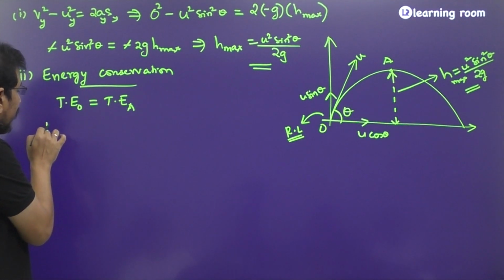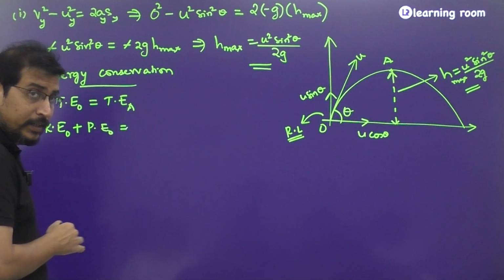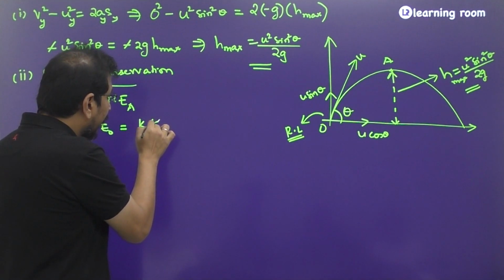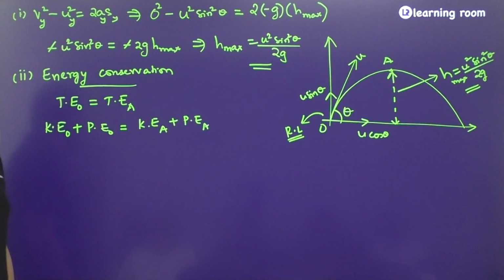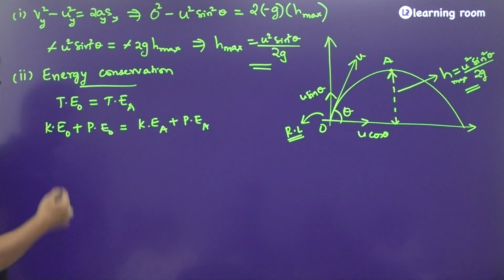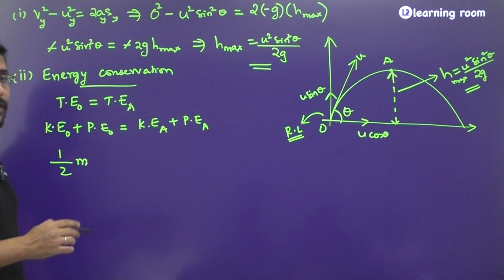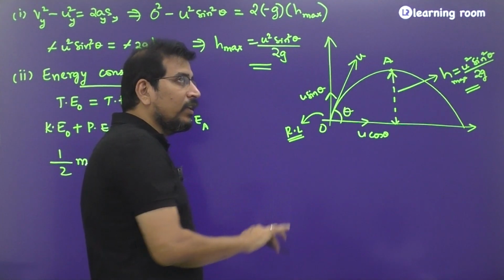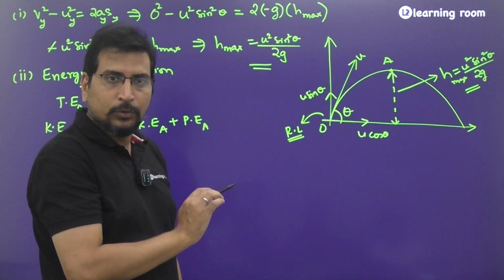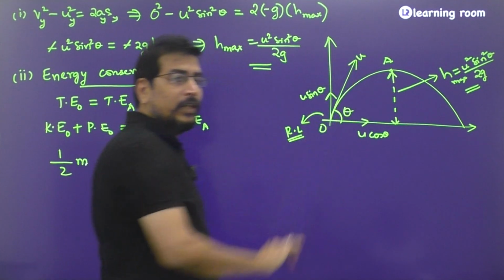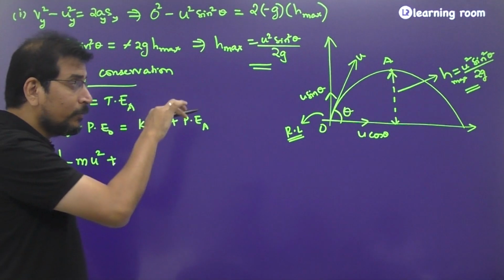The total energy at O is the kinetic energy at O plus the potential energy at O, which equals the kinetic energy at A plus the potential energy at A. The kinetic energy at O is not half m u sin theta square or half m u cos theta square, since it is a sum of both. It is only half m u square.